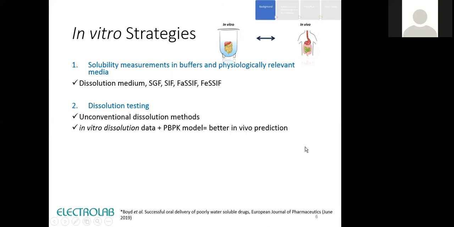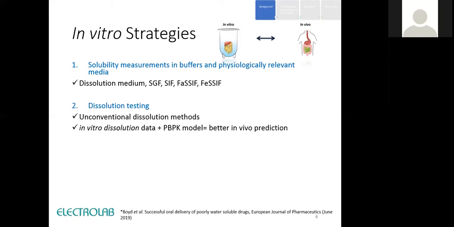For poorly water soluble drug products, typically unconventional dissolution methods have to be performed, which include conducting the dissolution studies in a large medium volume, for example 2 liter and 4 liter media volumes, or using advanced dissolution apparatus such as a USP 4 open loop configuration, which provides the required infinite sink conditions.